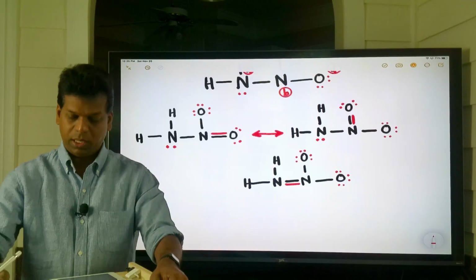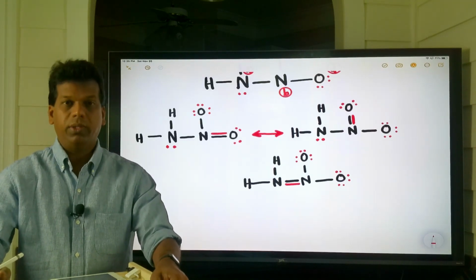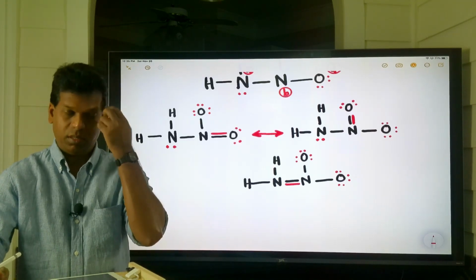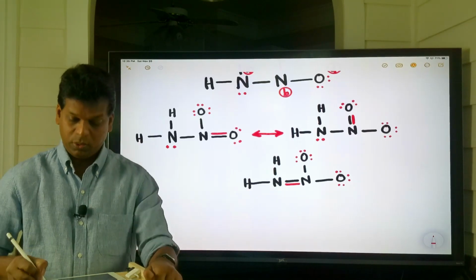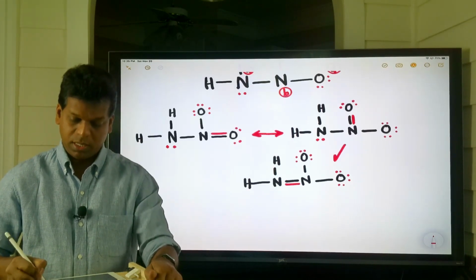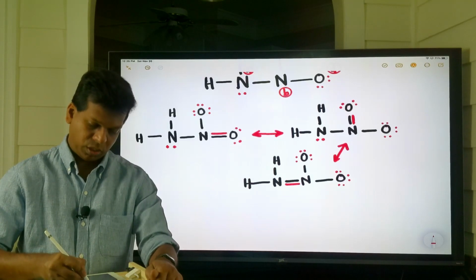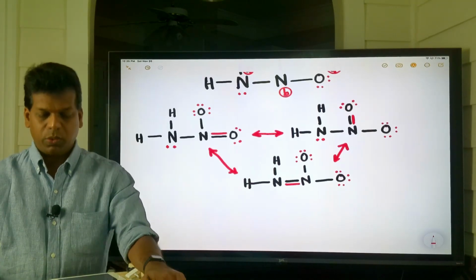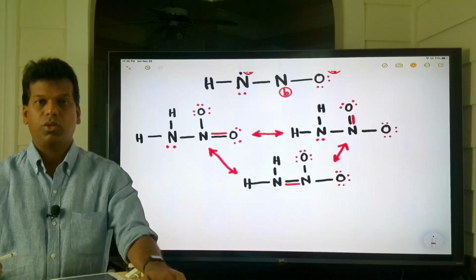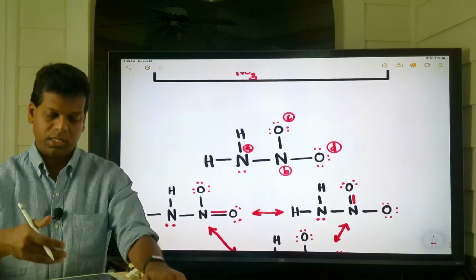Again, if you check, all have their octets except hydrogen. Hydrogen has a duet. So now we have 3 structures. This is the 3rd resonance structure of that molecule. So we can create 3 resonance structures for this skeletal structure I have given you.